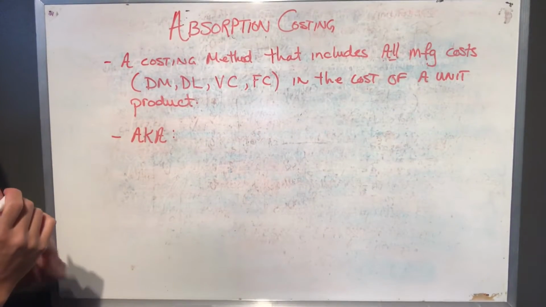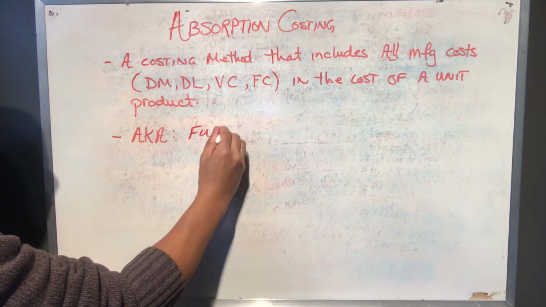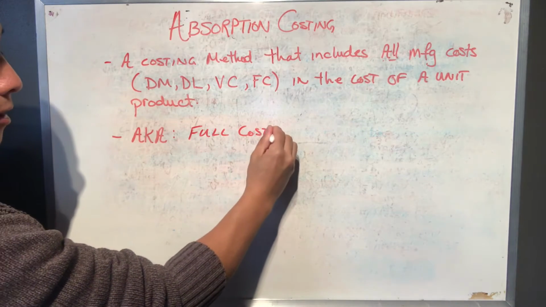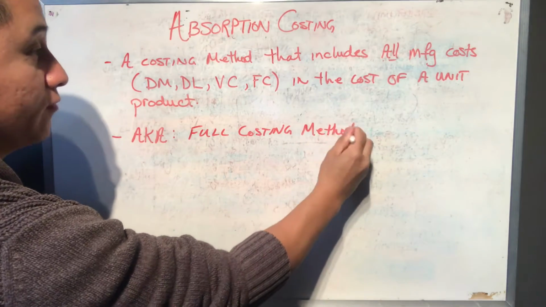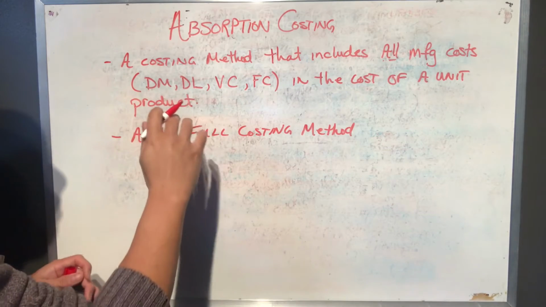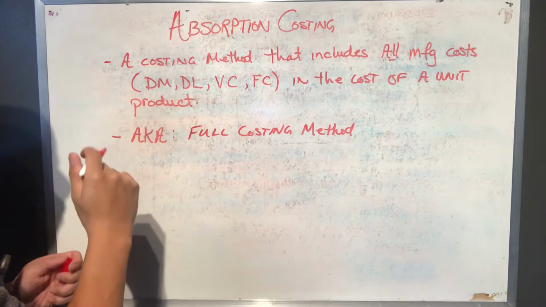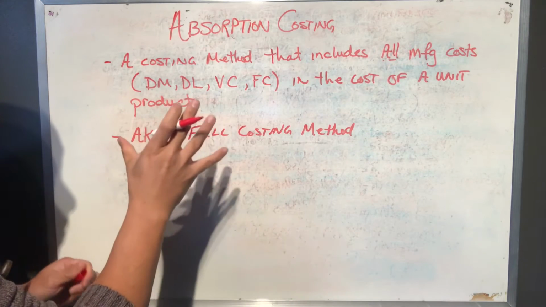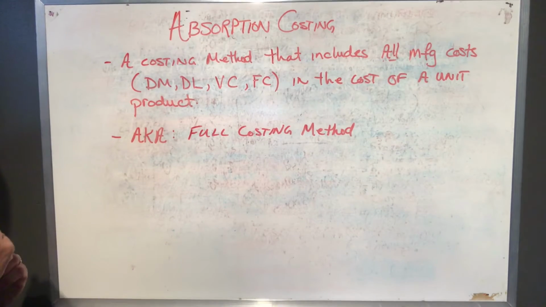So it's also known as the full costing method because again, it's full costing. You're taking into account all the different types of costs, both variable and fixed costs and fixed overhead, that will come into play in producing one unit of product.